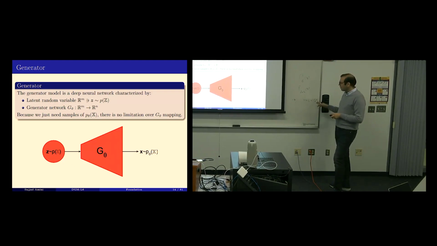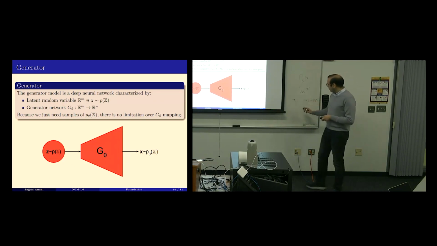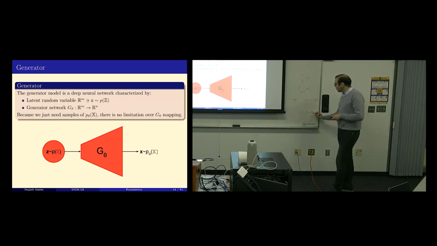We do not have access to this distribution, we just have X's. Second, we also have X's coming from the data distribution. P data is exactly what we do not know and want to approximate. So I need a distance or divergence metric that can compare them based on these samples.